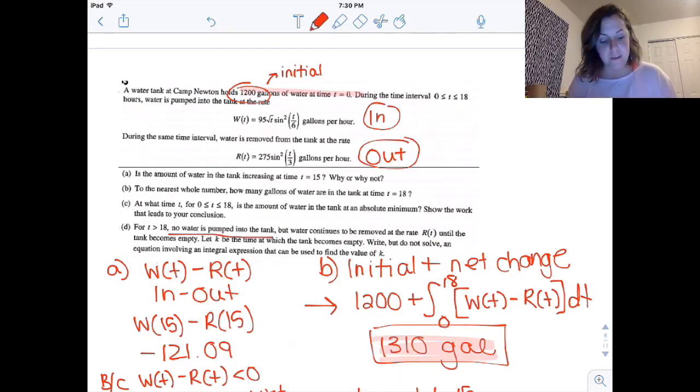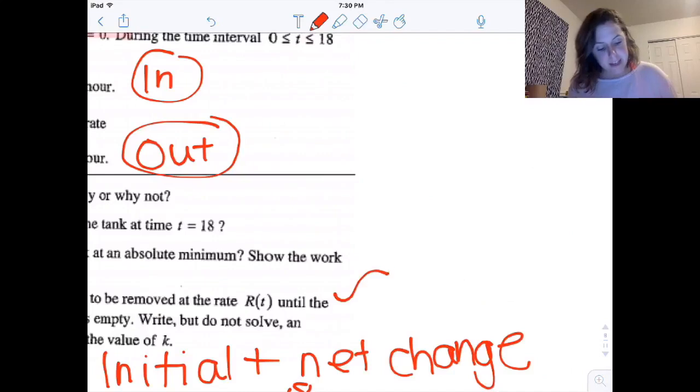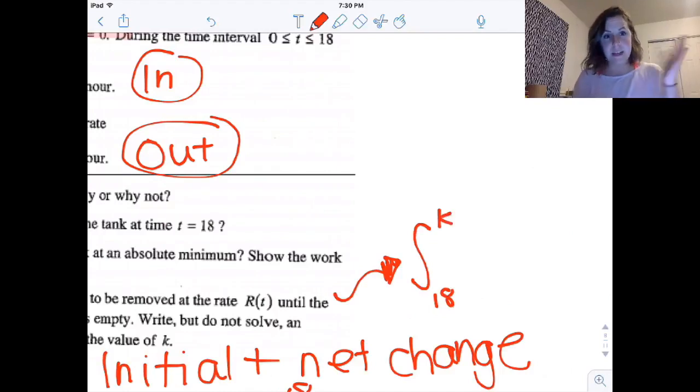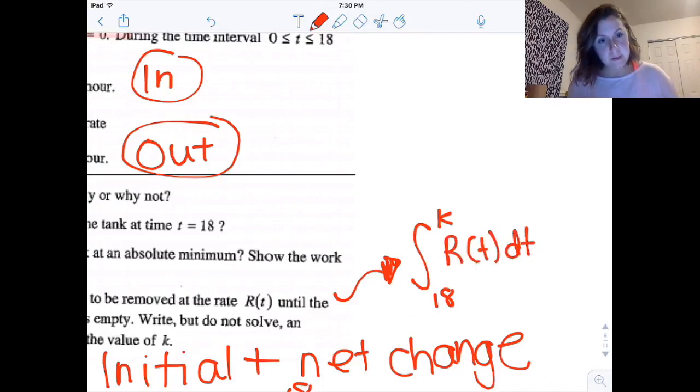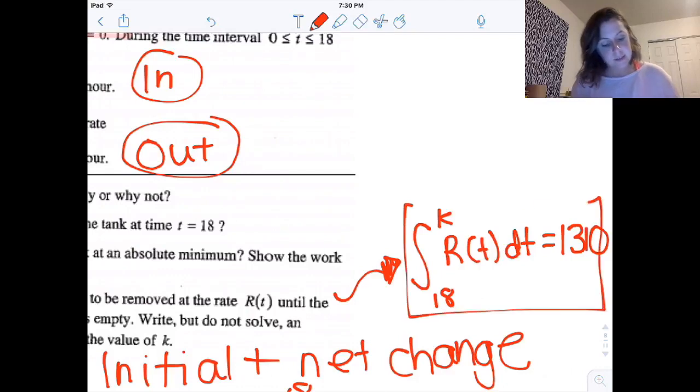This is going to be the integral from 18 to some value K, K being the time that this would stop, of the rate that it's being removed. That tells me how much is removed. If I want the tank to be empty, I would set that equal to 1310. So this would be my answer for part D.